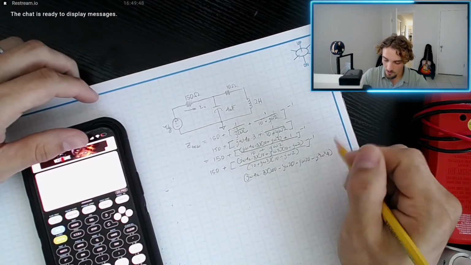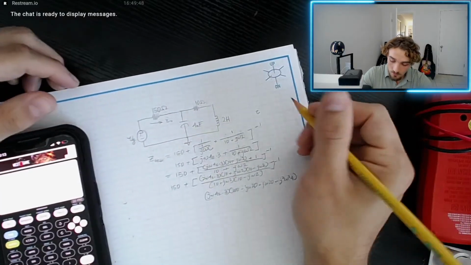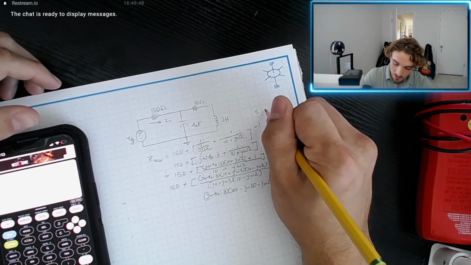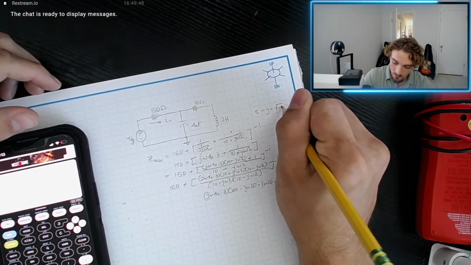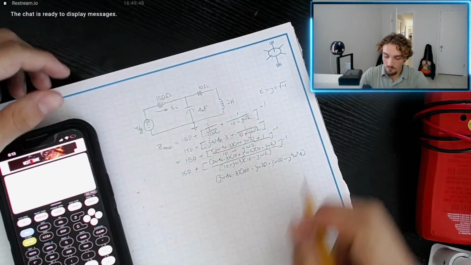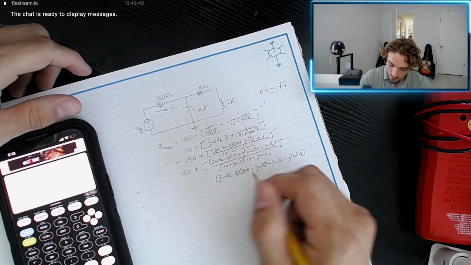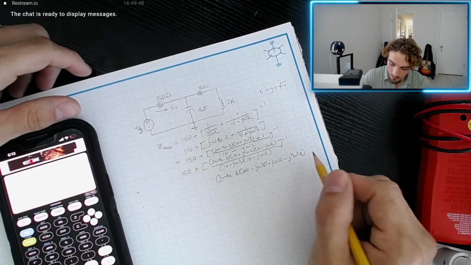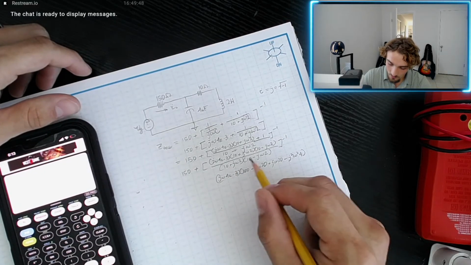Okay, and we know what j is, right? j is the imaginary number, so you could denote it as i or j, but j equals the square root of negative 1. So j squared is just negative 1. So this would simplify to, wait, did I just introduce that here? No, that's what I wanted to do.